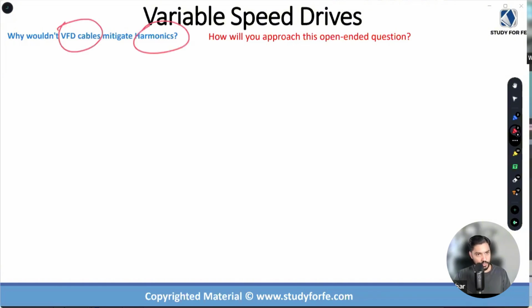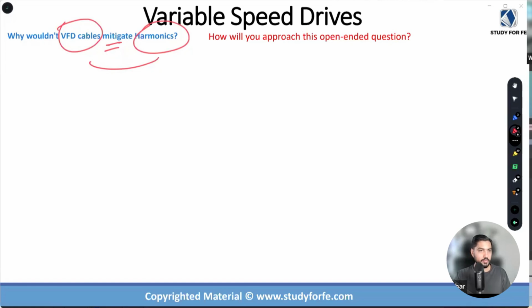Harmonics is a real thing. They are interconnected because VFDs themselves are a source of harmonics. But this term that the student used, mitigate, right? So the question is, when you install a VFD cable, does the harmonic content go down, right? We've discussed harmonics in the program. It actually is in section number 4.